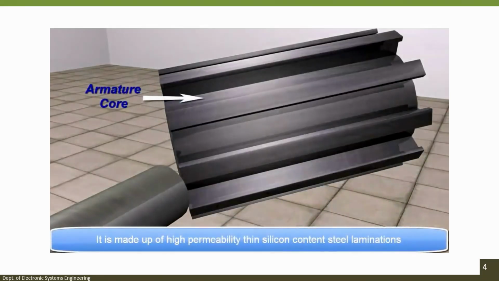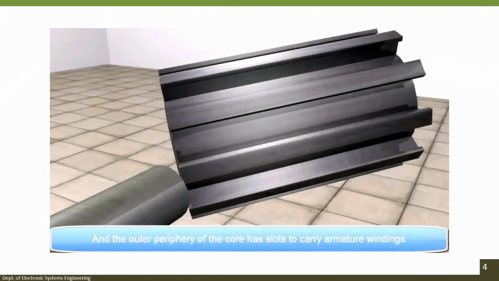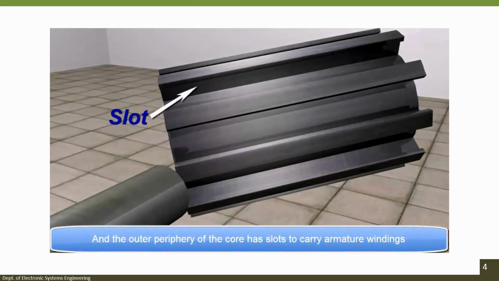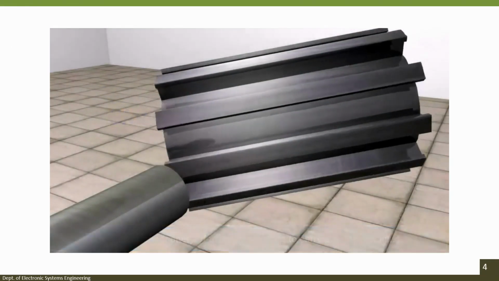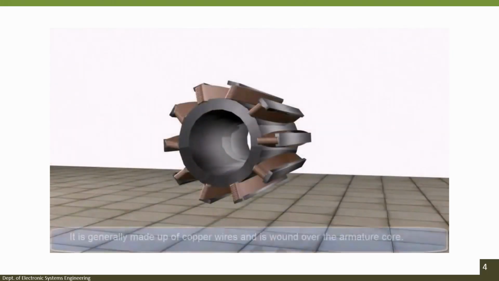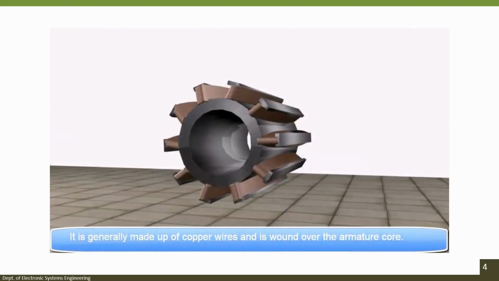It is made up of high permeability thin silicon steel laminations, and the outer periphery of the core has slots to carry armature windings. Next is the armature winding. It is generally made up of copper wires and is wound over the armature core.